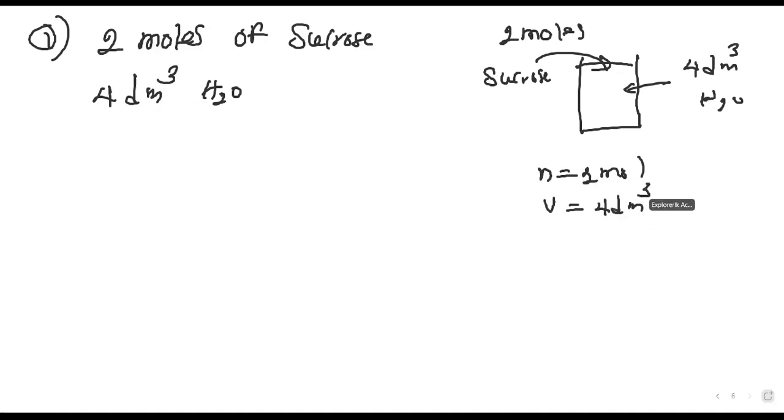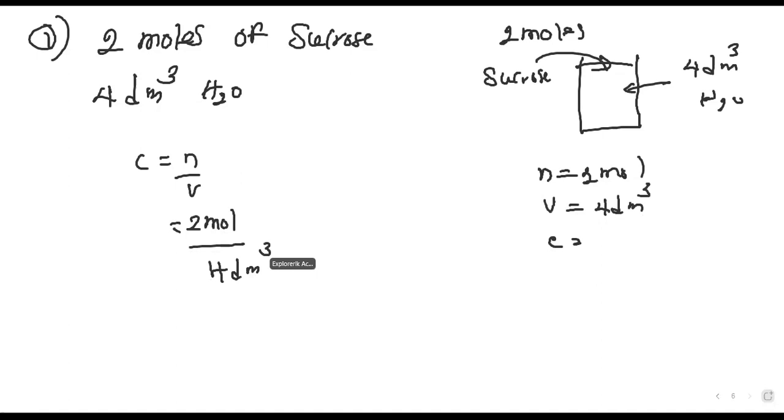What I am asking from you is the concentration. So you can simply do the math. Concentration equals number of moles over volume. Number of moles is 2 moles, and volume is 4 decimeter cube. So you'll get 0.5 moles per decimeter cube as the concentration of this solution.